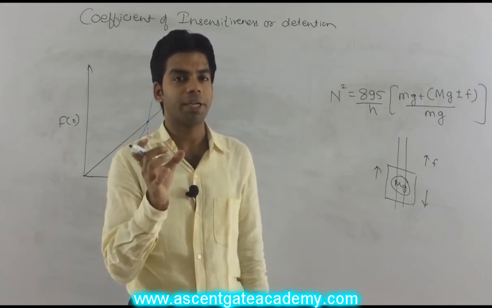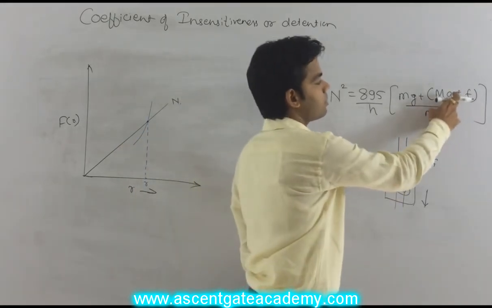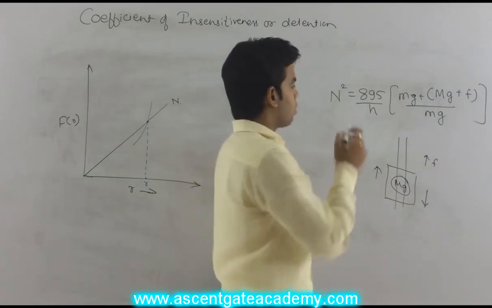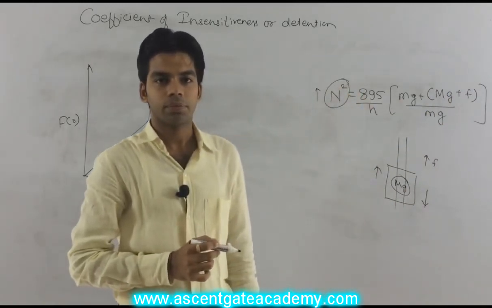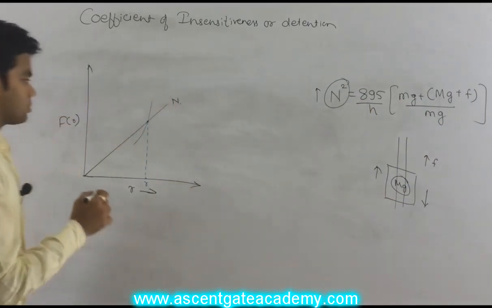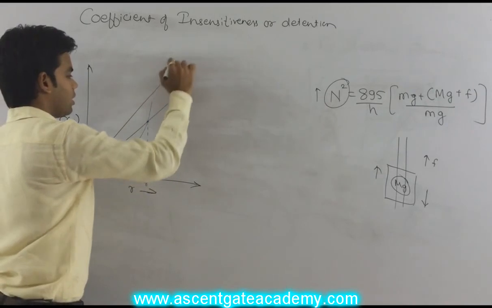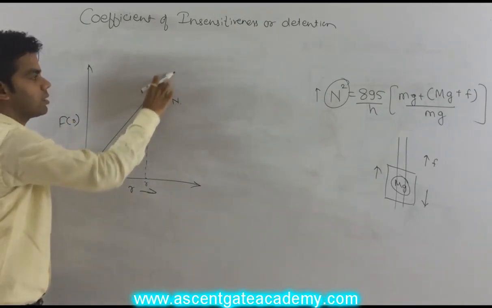Okay, so what will happen to the speed when the sleeve is moving up? If the sleeve is moving up, this term will be mg plus f, so obviously this speed will increase. Getting this or not? Okay, so the speed will be increased if the sleeve is moving upward. So this is the figure, this is the curve.